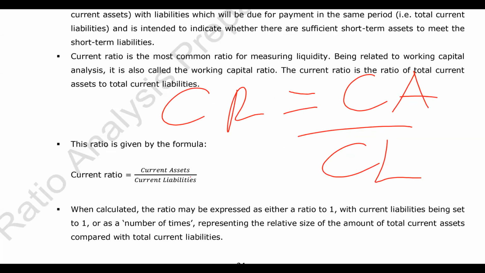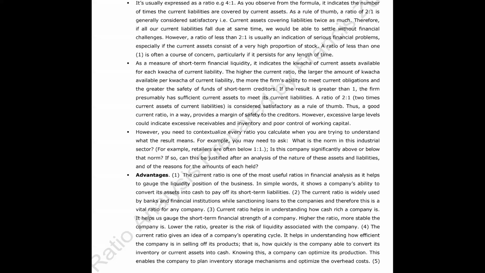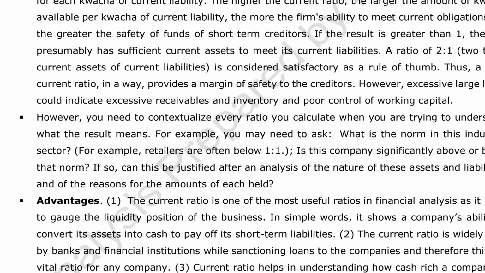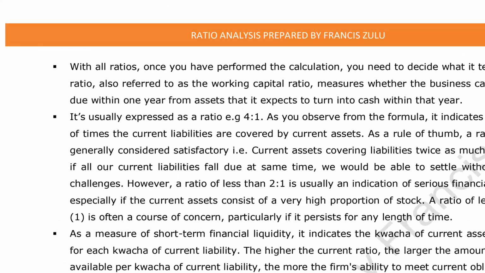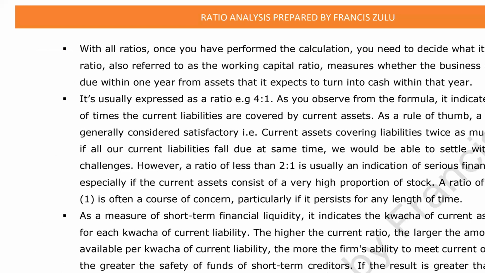Go to the balance sheet, get the current assets and the current liabilities, put them here, and then comment on how liquid the company is, how much easiness the company has to convert its assets into cash.